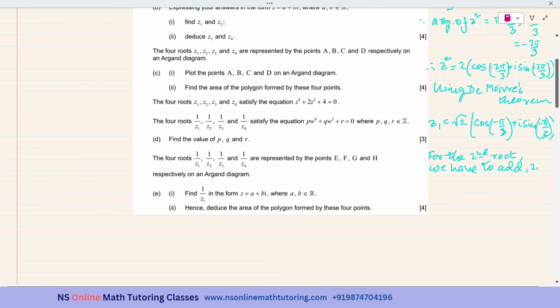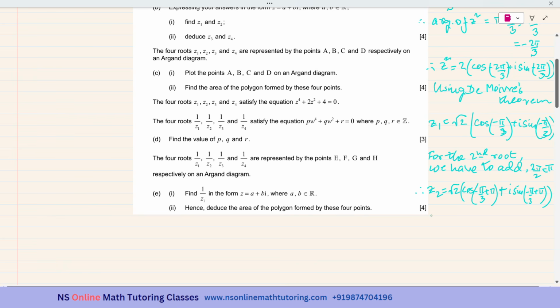So it is 2 pi over 2, which is equal to pi. Therefore, the second root z2 is equal to root 2 times cos of negative pi over 3 plus pi, plus i sine of negative pi over 3 plus pi.